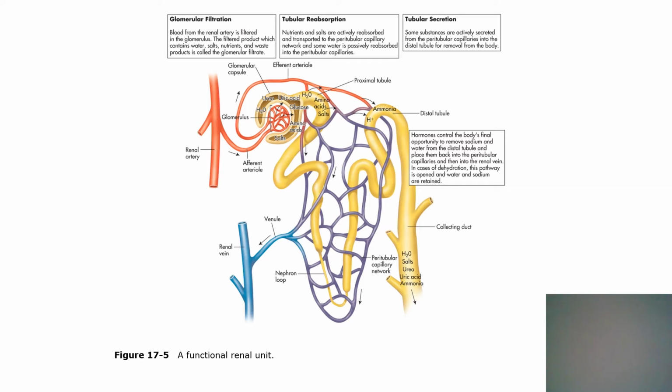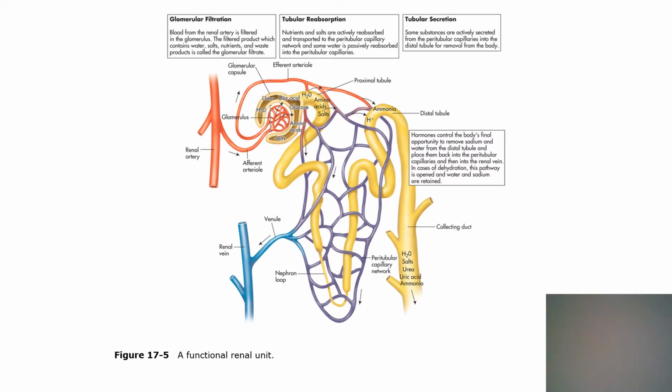The ascending loop of Henle, and we're looking, let's see, is that on your picture? And that loop of Henle is right in here. You have your descending loop of Henle, and then this part here is your ascending loop of Henle.